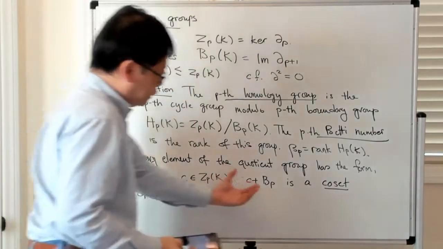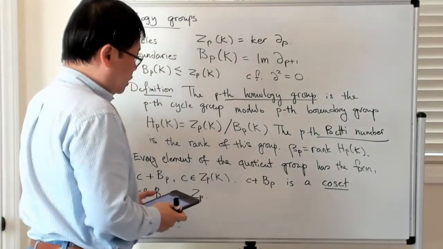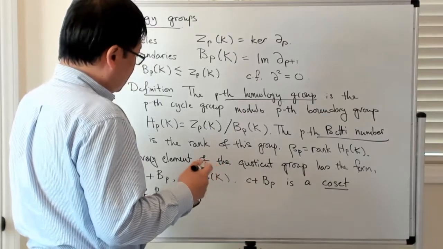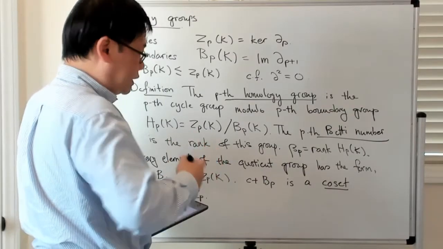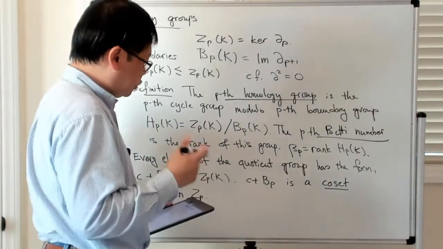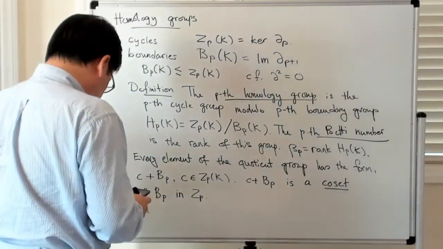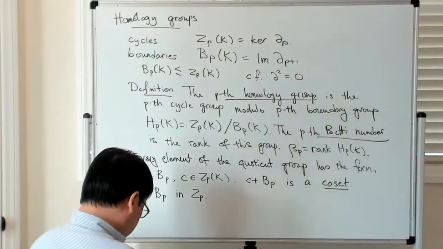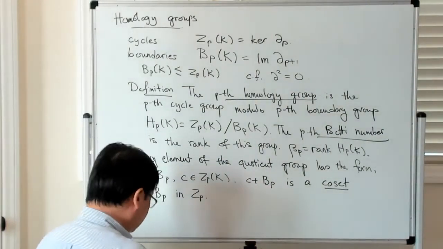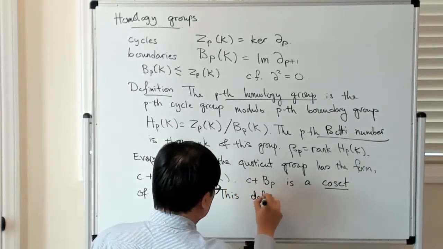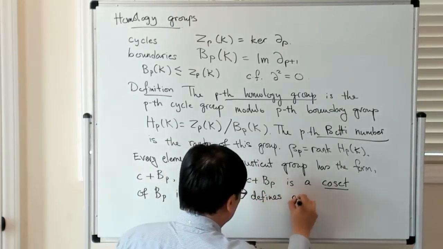Again, you should think of this at the level of sets. What this does, in essence, is identify any cycle which differs from another cycle just by something which is in the boundary. So this notion of coset defines an equivalence class.